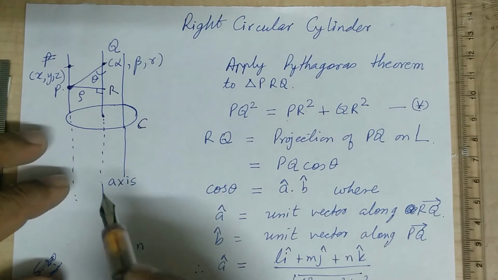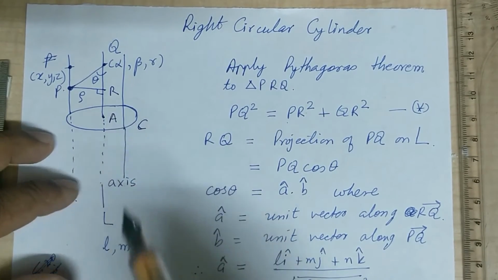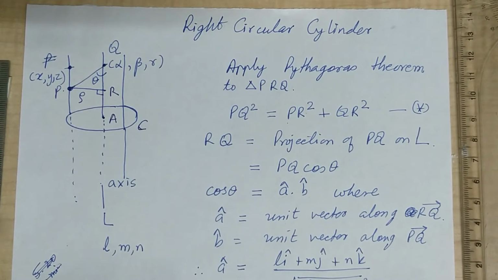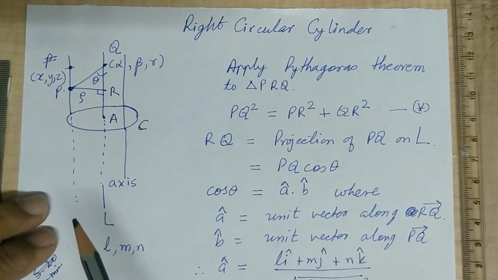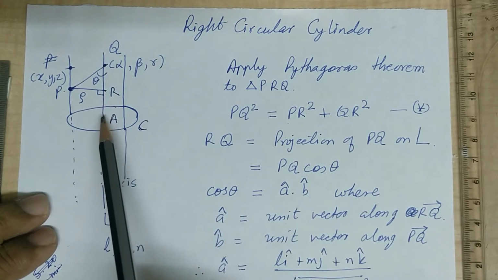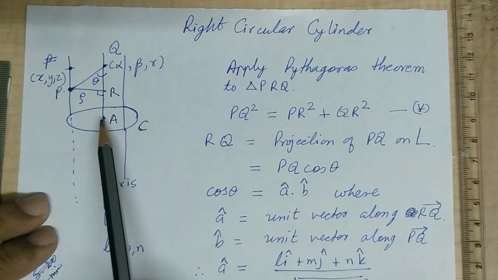Maybe we can call it capital A. I prefer to take the axis to pass through the center. So L is the axis and it is passing through the center of the circle.